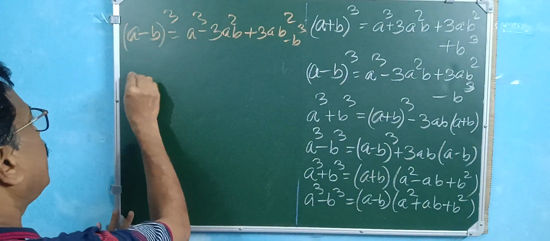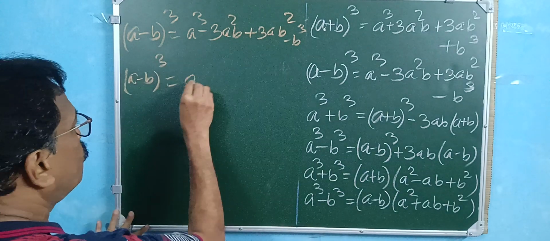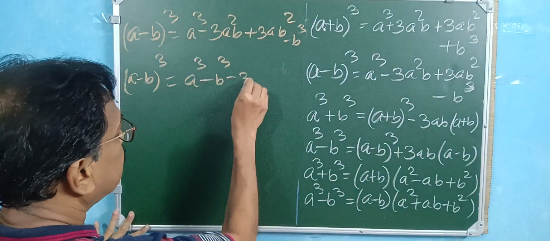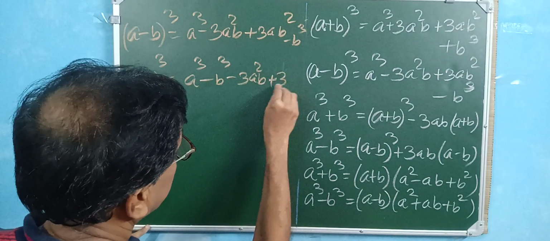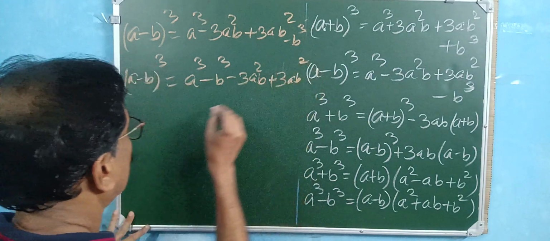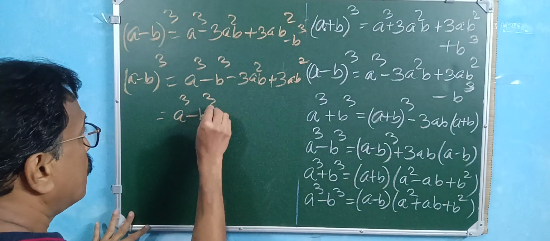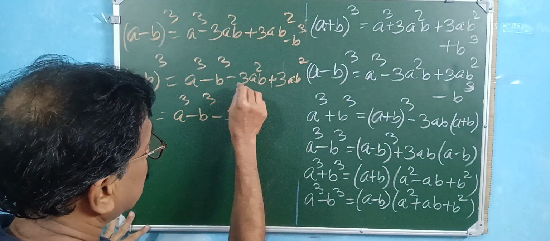So this is (A − B)³, that is equal to A³ − B³ − 3A²B + 3AB². So in the next line you just arrange: A³ − B³ − 3AB is common, minus 3AB(A − B). What is left?